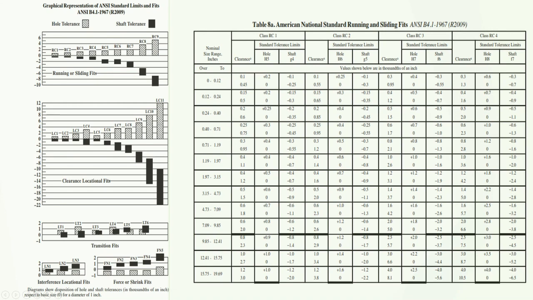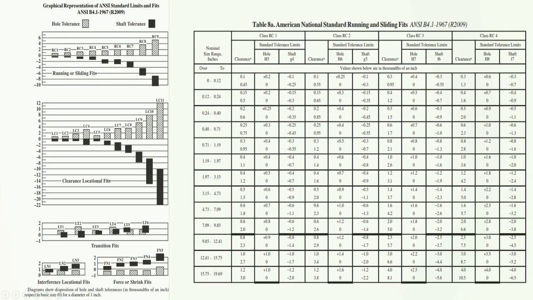So to achieve this RC3 value, all these numbers are given here in thousandths of an inch, and the nominal sizes are in inches. For example, if the size of my cylinder is 1.5 inches, then I go here for the running and sliding fits, of tolerance grade 4.